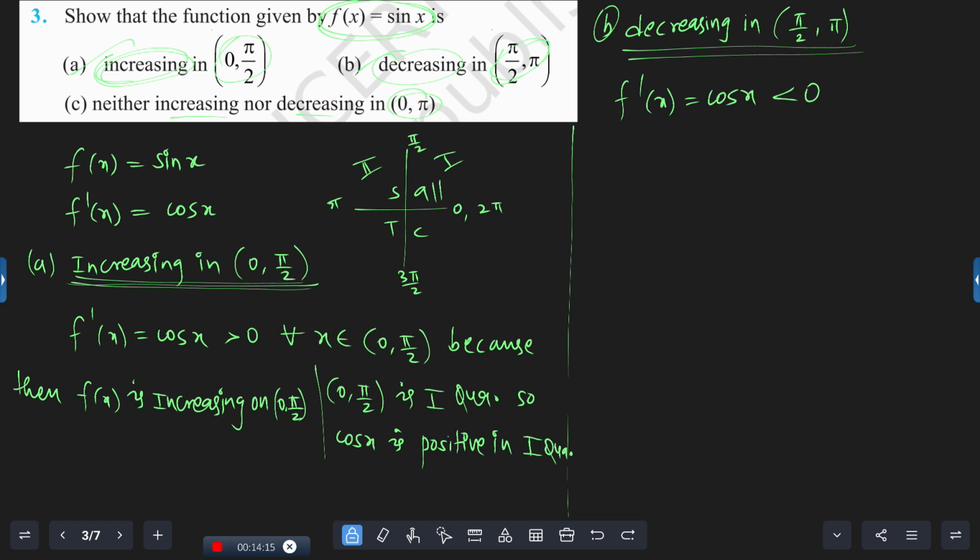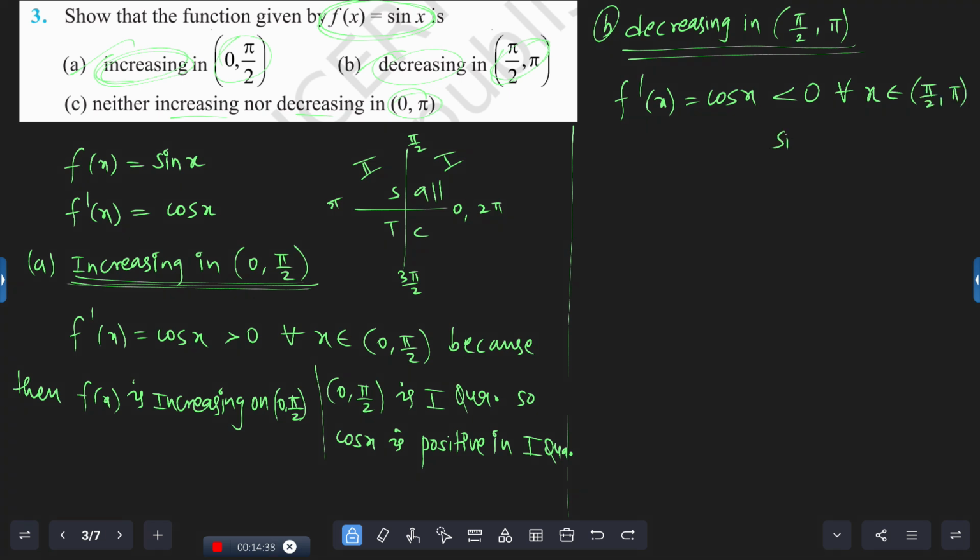Negative, less than 0. Because in the second quadrant sine is positive, and its reciprocal cosecant is positive, so cos is negative. So you can write less than 0 for all x belonging to the open interval pi by 2 comma pi.